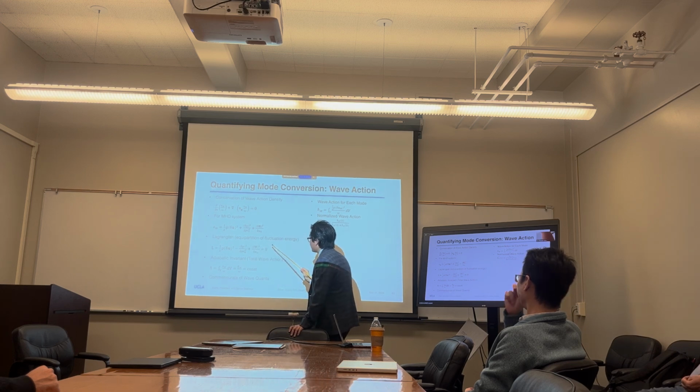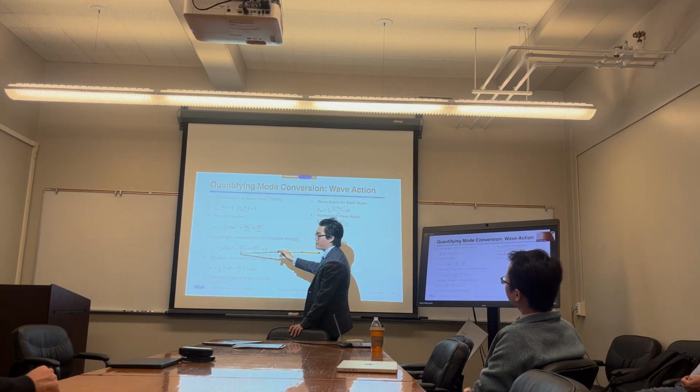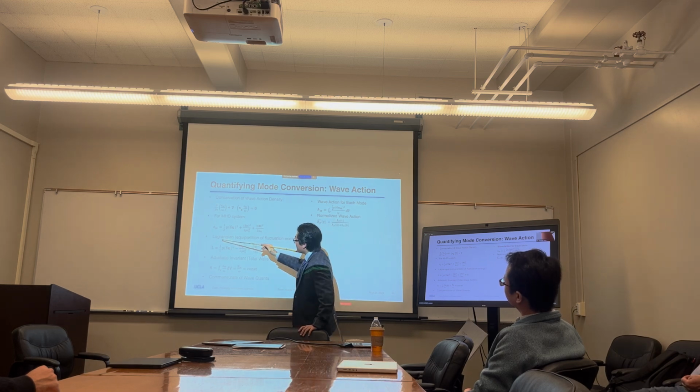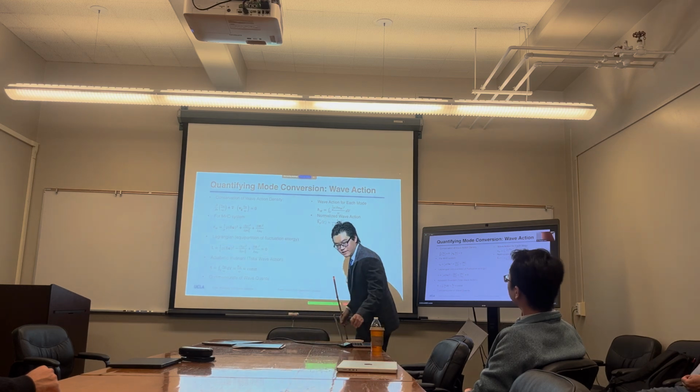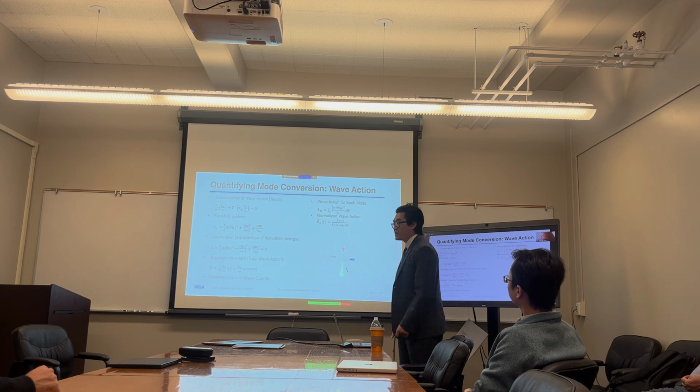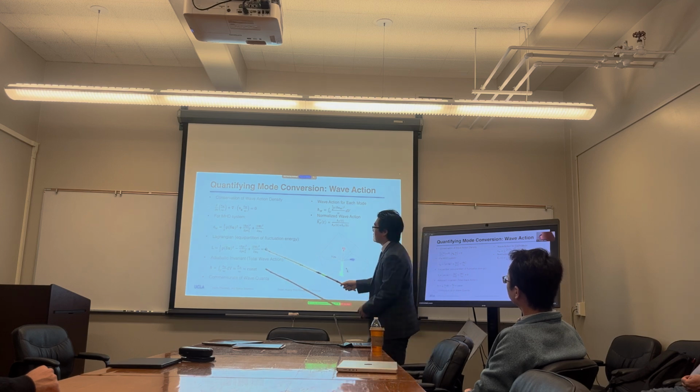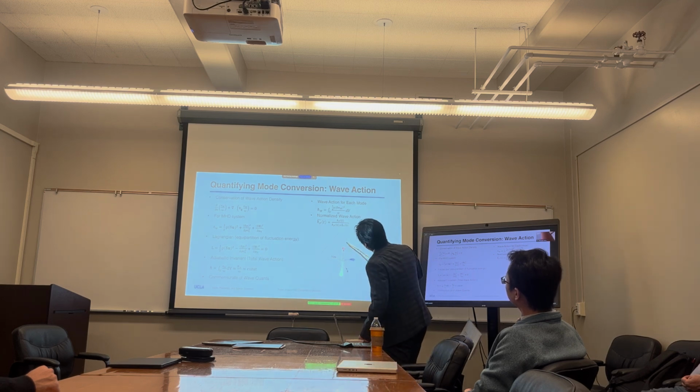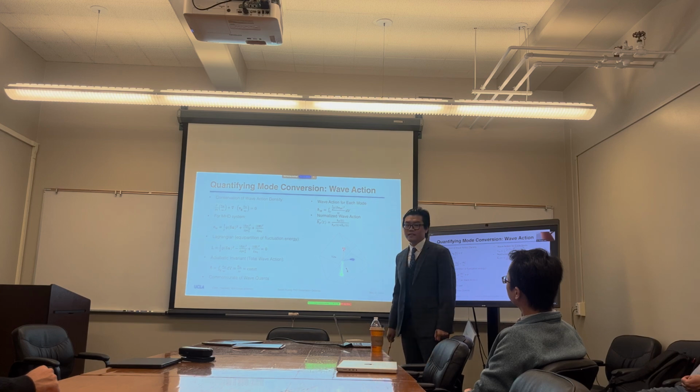It's always equal to 0, so you cannot decompose this part of the energy, but you can decompose this part because U_S, U_N, U_F form an orthogonal triad. Here, they are decomposable from each other. So we can calculate the velocity perturbation and project it on each of the axes in the orthogonal triad to calculate the wave action for each mode.